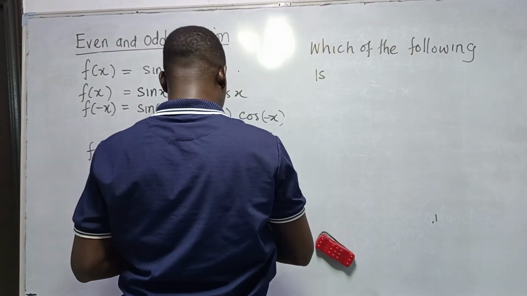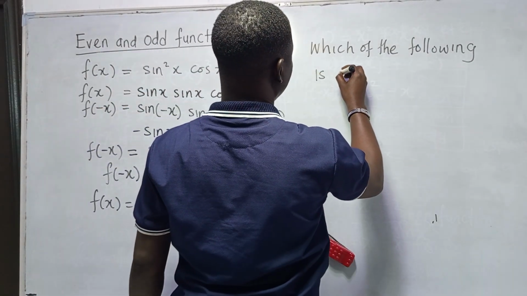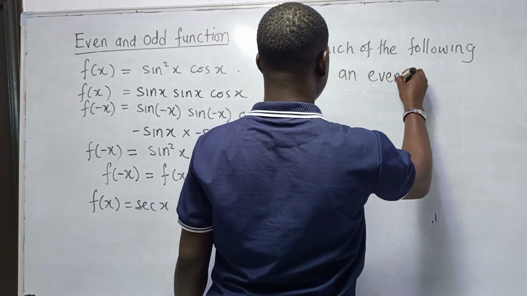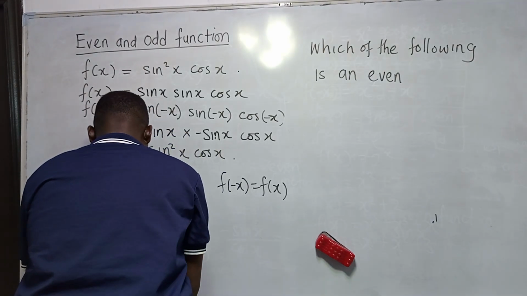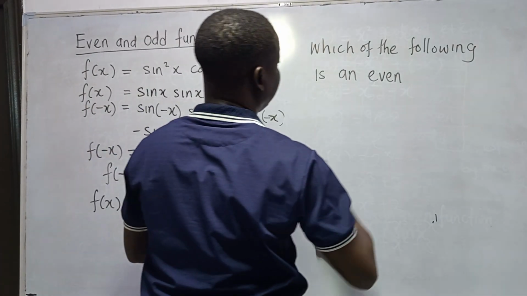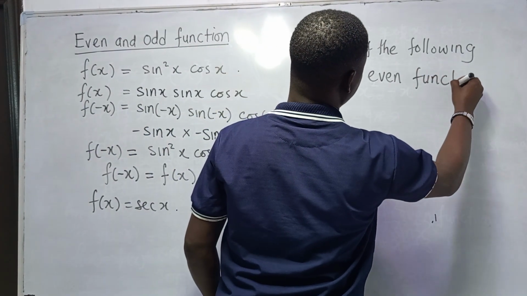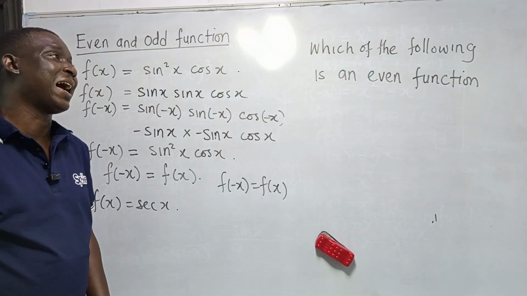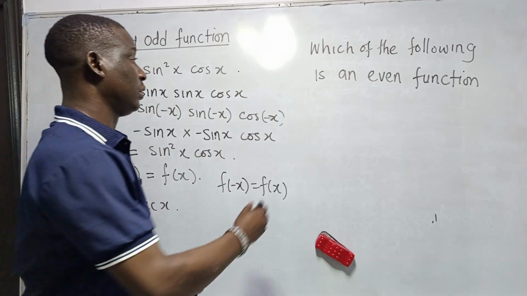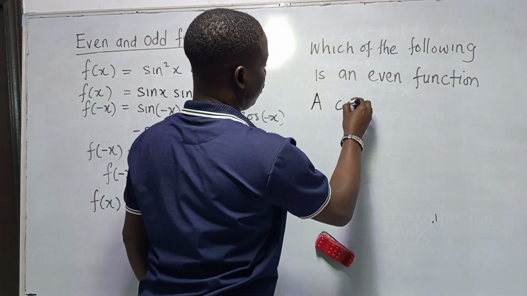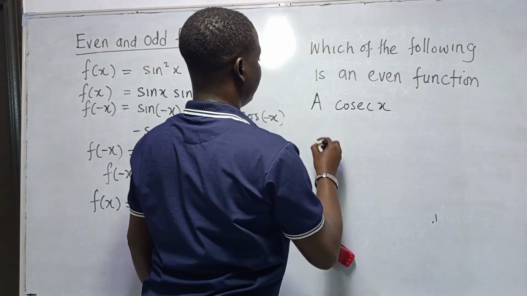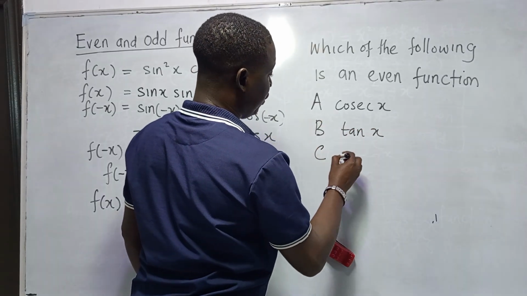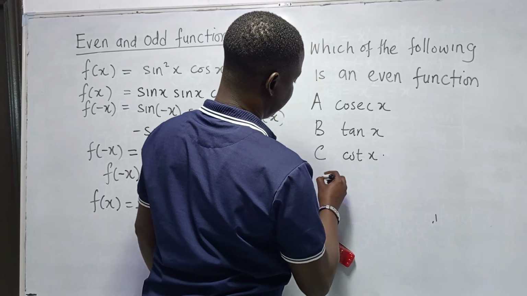Which of the following is an even function? A, cosec x. B, tan x. C, cot x.